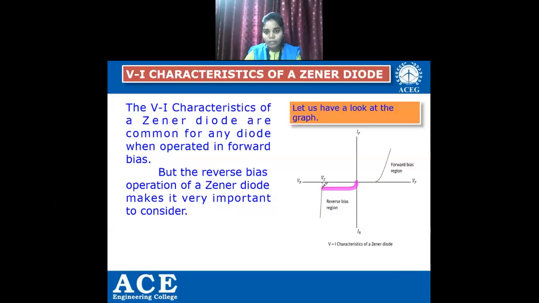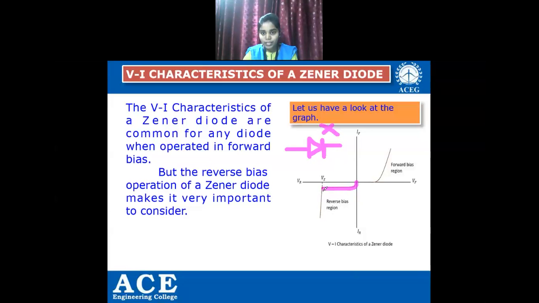Now, if it crosses this breakdown, what is going to happen? Our PN junction diode is going to be damaged, right? Clear?